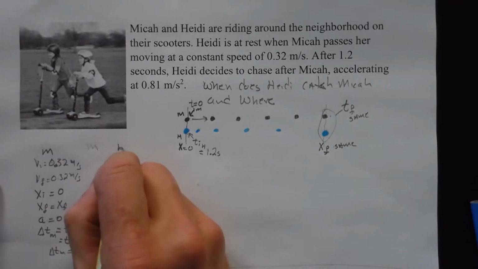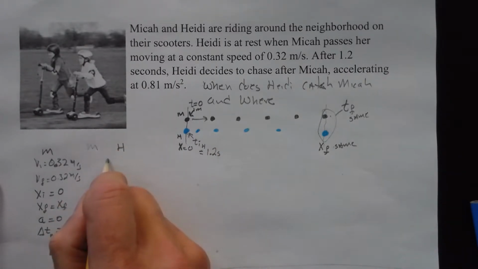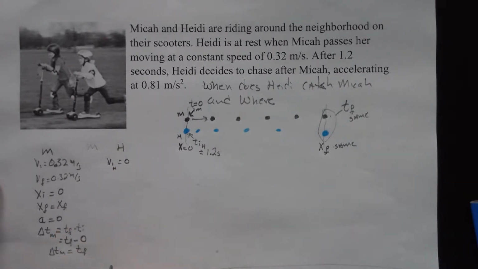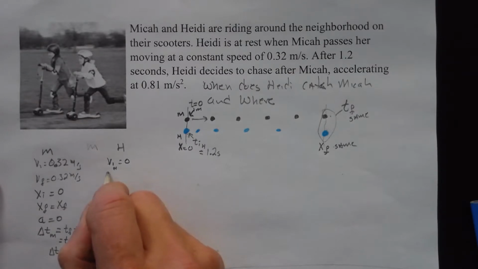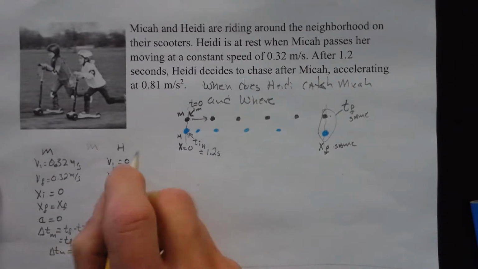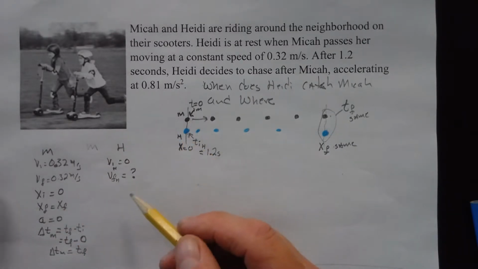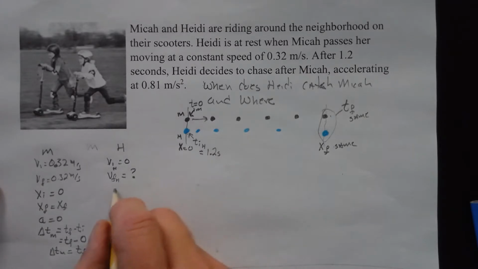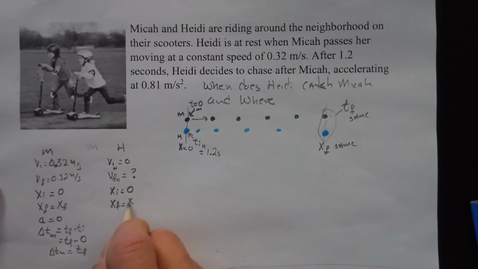Then for Heidi, her velocity initial is 0. Her velocity final, I don't know what that is. I don't know it, I don't want it, so that's something I should avoid. Her initial position is the same 0, and her final position is the same final position.